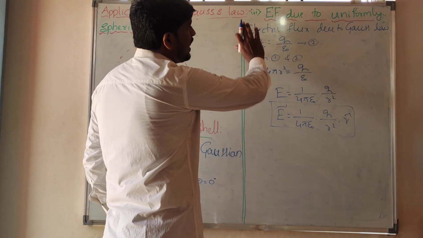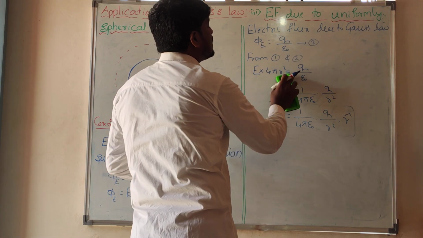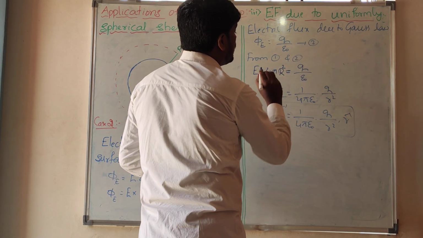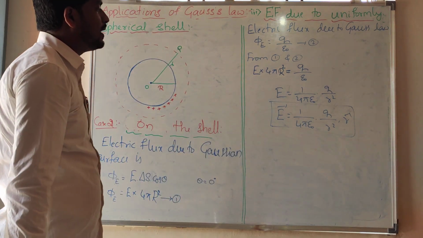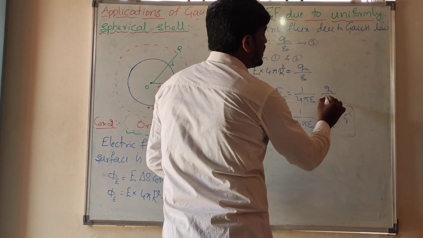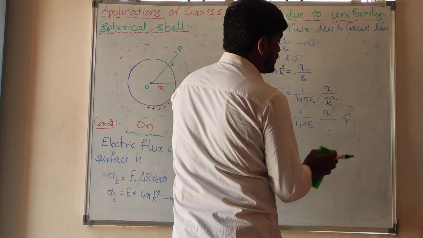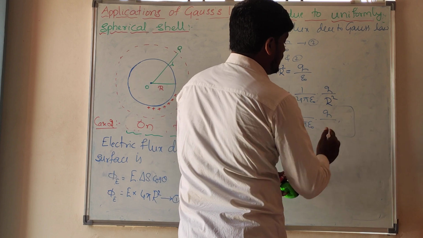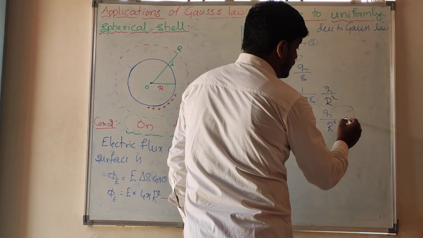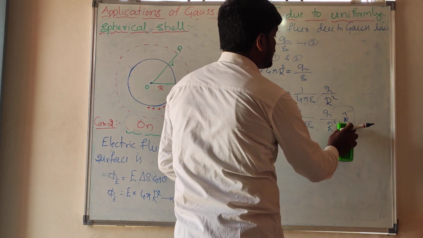So this side is the same, again the electric flux due to Gauss's law. Then E 4 pi R square is equal to q by epsilon naught, and this becomes E equal to 1 by 4 pi epsilon naught into q by R square into R cap, or you can even write capital R cap also, so no need to worry about this.